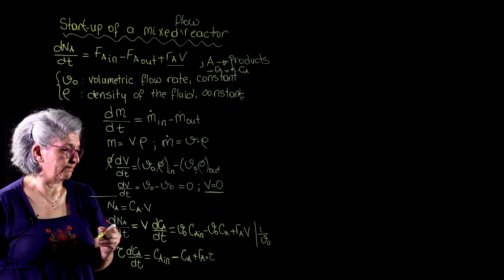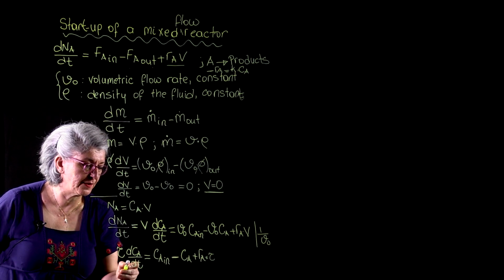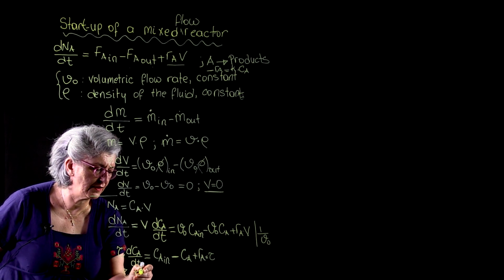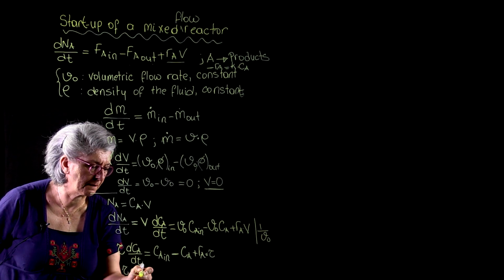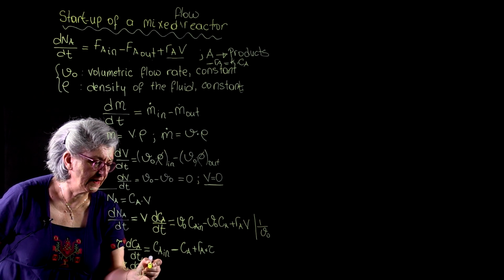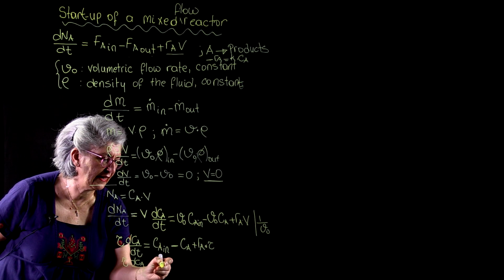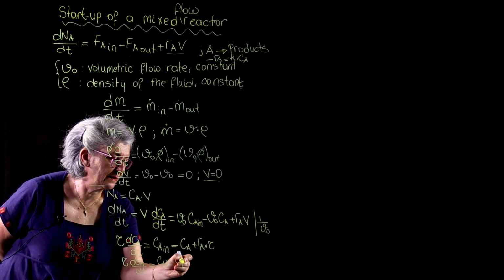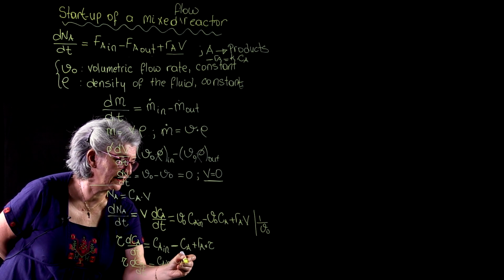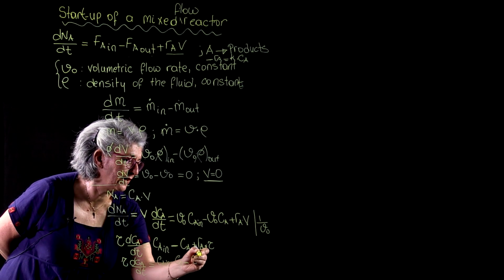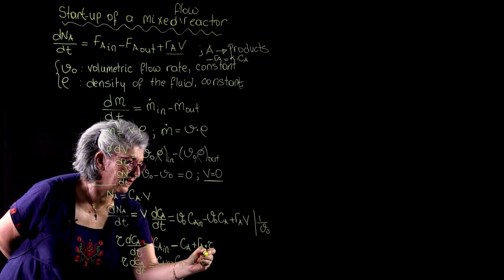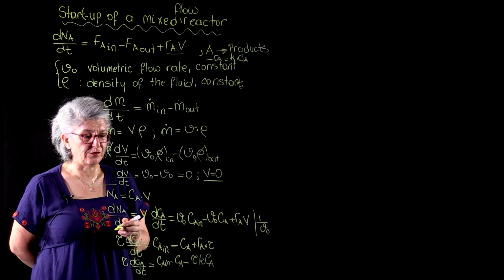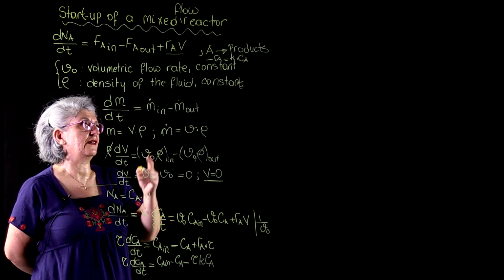All right? And my final expression will be tau dCA over dt, that is equal to CA in minus CA minus tau k CA. And I will rearrange and solve this equation in the other frame.